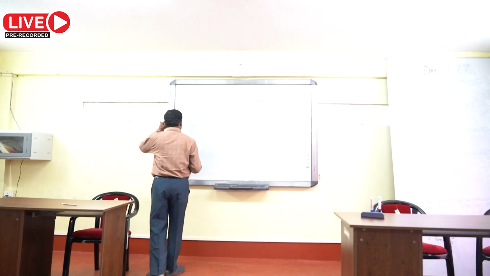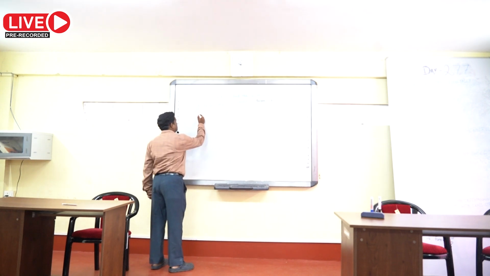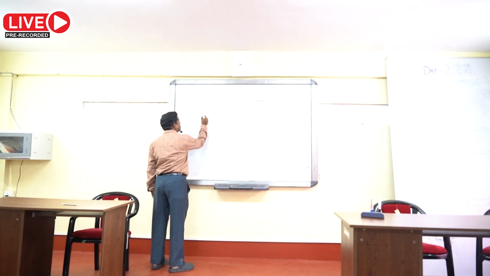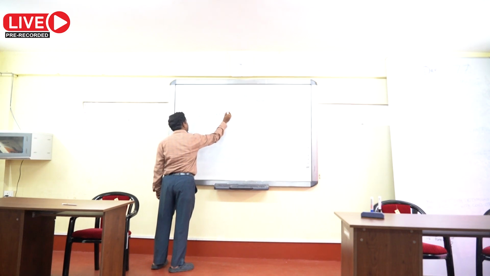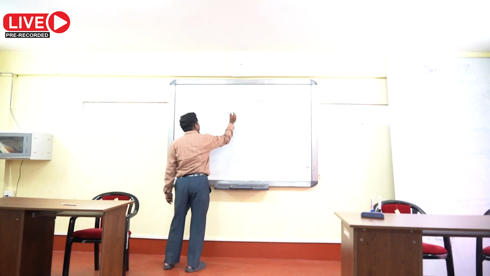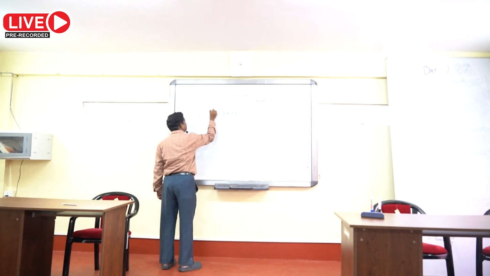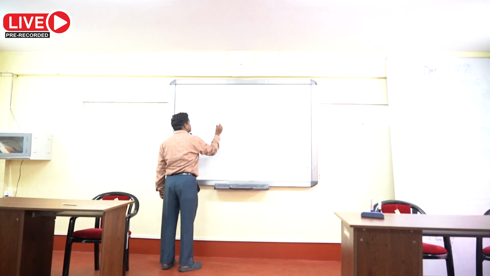See, W equal to integral F dx. F is this one, A plus Bx into dx, from 0 to 5. Then the first term is A integral dx from 0 to 5.